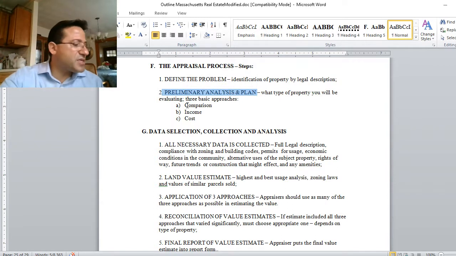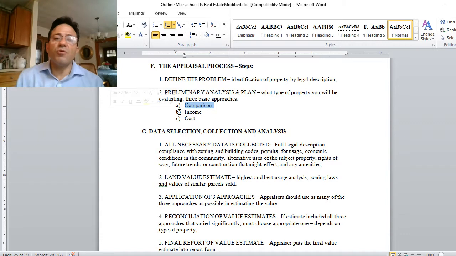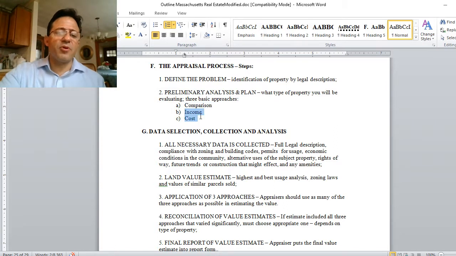Now, there are three basic approaches that they can take. There's the comparison approach, which for those that are going into the residential area of real estate, is most likely the approach that's going to be taken by the appraiser. They're going to compare properties, okay? And there are factors that they're going to look at with each appraisal report that they need to do. There's the income approach, and then there's the cost approach.